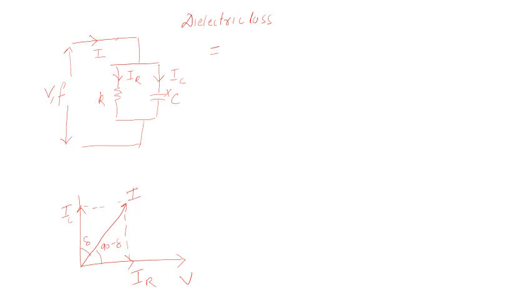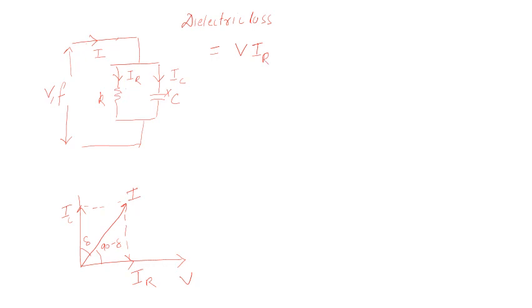It makes a phase displacement. So your resistive component will make your loss. The dielectric loss will be the voltage appearing across it times IR.